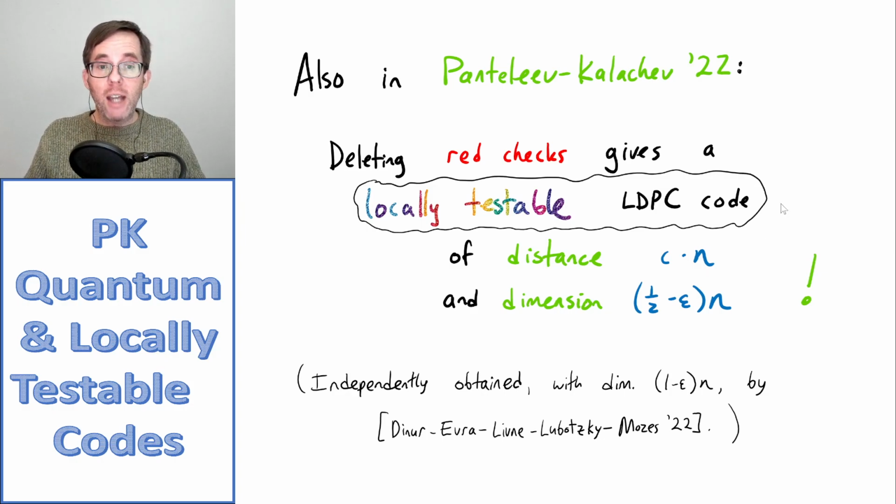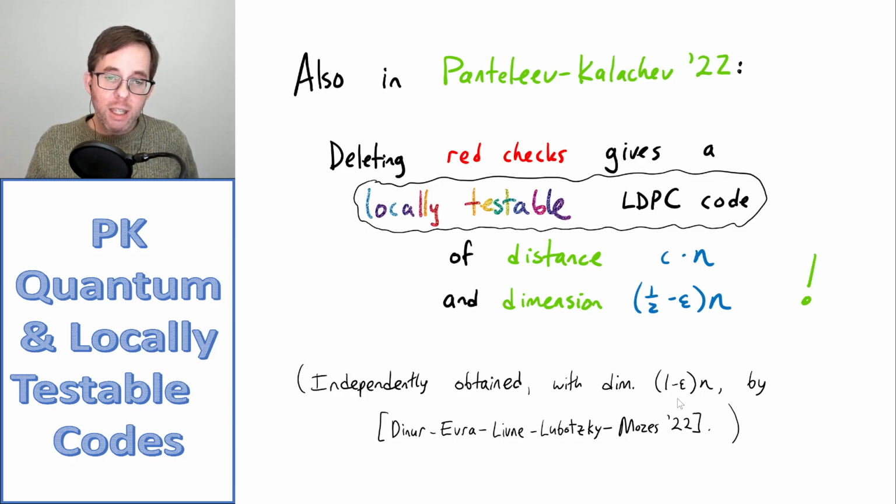And achieving asymptotically good classical locally testable codes is a very, very long-standing open problem in complexity theory and coding theory. A lot of people thought it was not even possible. Maybe it opens the doors to PCPs of linear rate. And this LTC result was, as I mentioned, achieved independently by Dinur, Evra, Livnè, Lubotzky, and Mozes with a similar construction.